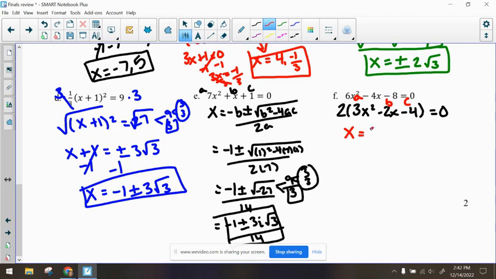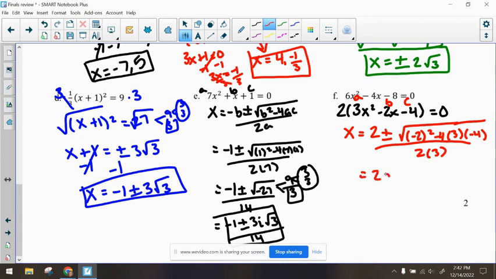So x equals opposite b plus or minus the square root of b squared minus 4ac all over 2a. So again, I'm going to simplify underneath the radical. That's going to give me a positive 52.